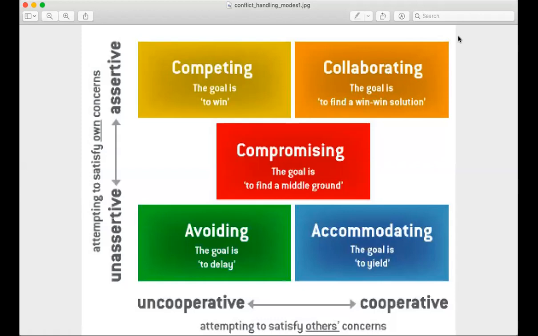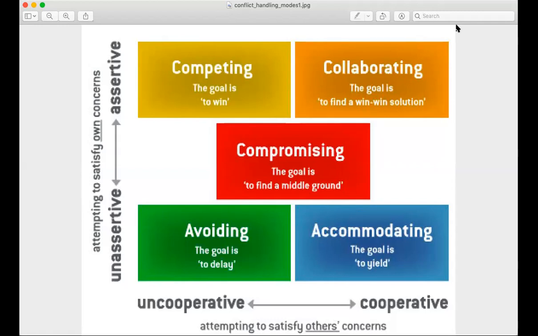On your screen, you see 5 different conflict styles. That is competing, collaborating, compromising, as well as avoiding and accommodating. The different conflict styles are on a graph, if you will, from uncooperative to cooperative, which means the satisfaction of others, to being unassertive to being assertive, which means attempting to satisfy your own concerns.